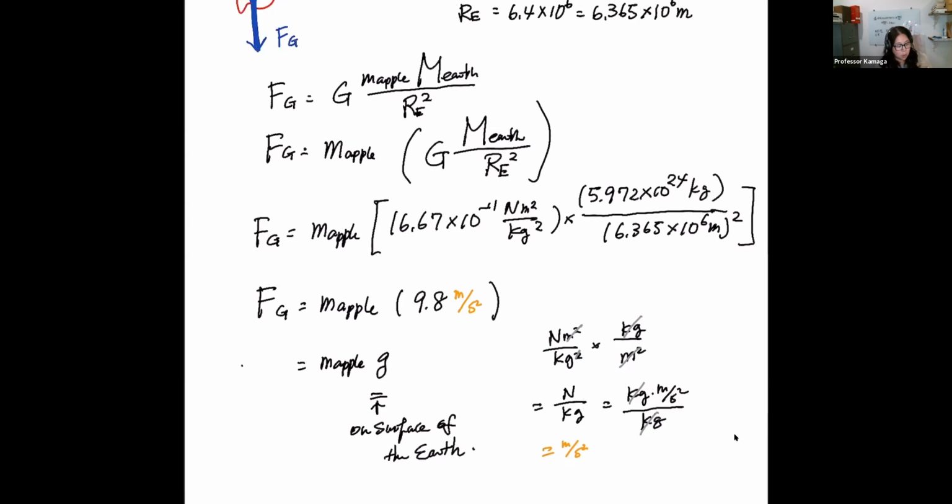Any objects. So when the pen drops, there's a gravitational force on the pen from the Earth, and then the pen is pulling the Earth up. But at the same time, the pen has a mass, and I have a mass. So between myself and the pen there is also an attractive gravitational force. But since the mass of the Earth is so much more, the gravitational force between the pen and the Earth is so much more than the gravitational force between myself and the pen.